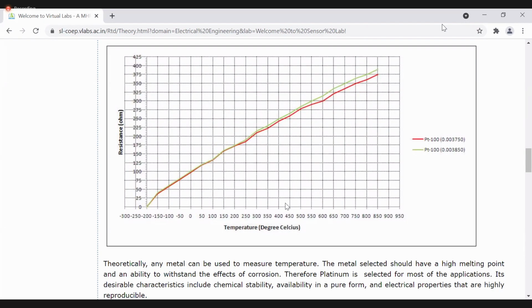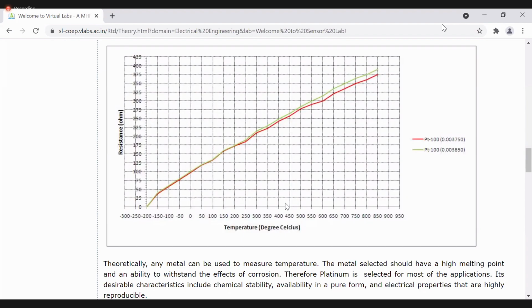At 35 degrees Celsius. If you keep on increasing the temperature around that RTD from 35 degrees Celsius to 100 degrees Celsius by using hot air or hot water. Initially, you measured the RTD resistance as 100 ohms at 35 degrees Celsius.